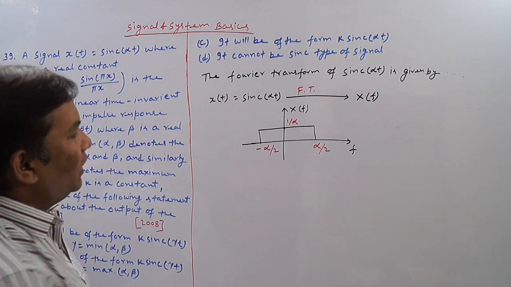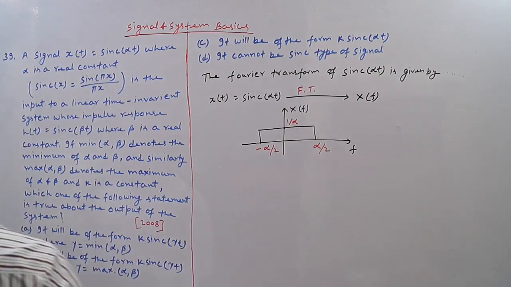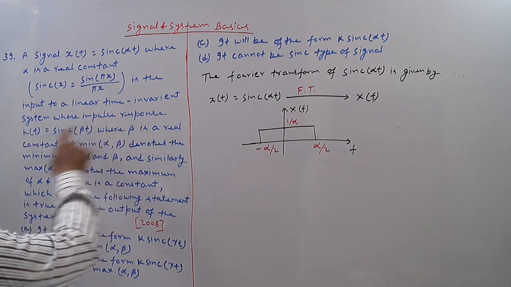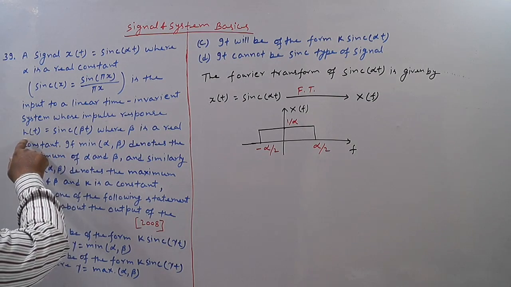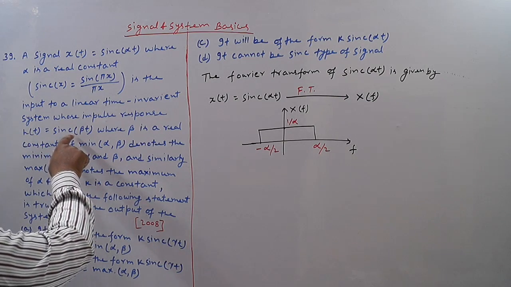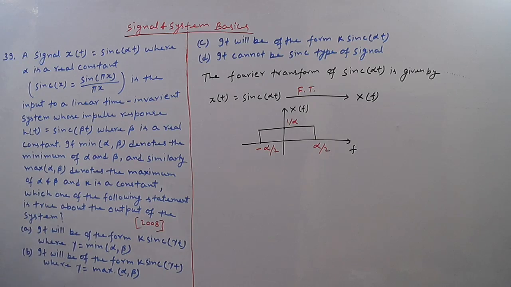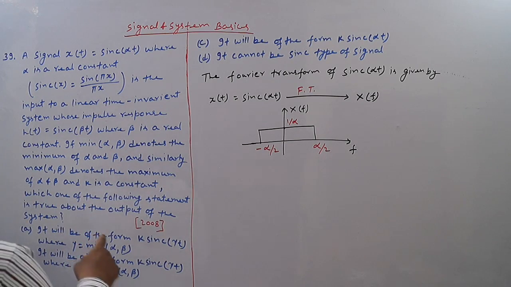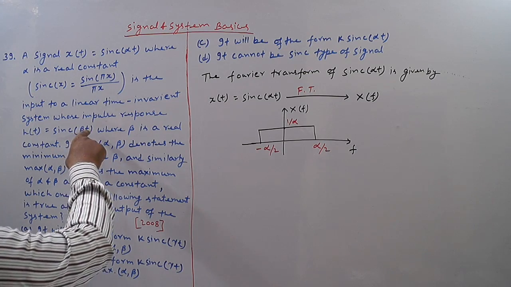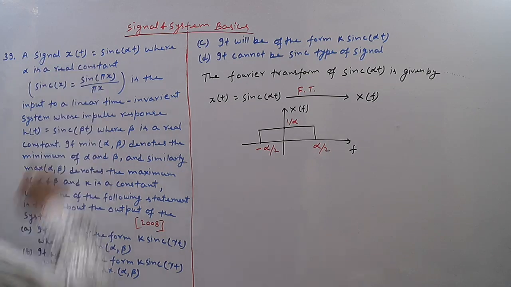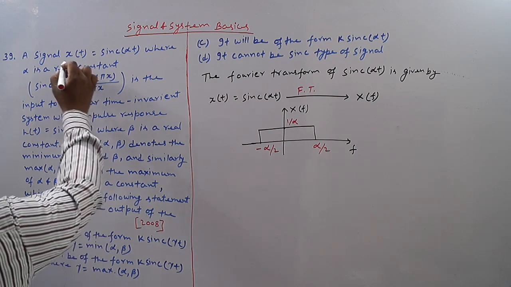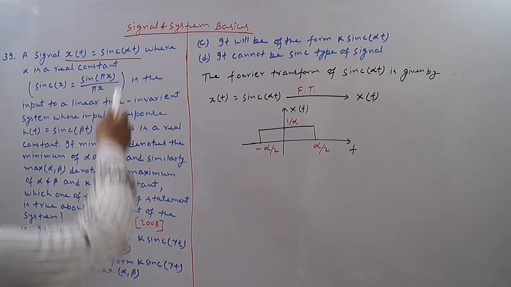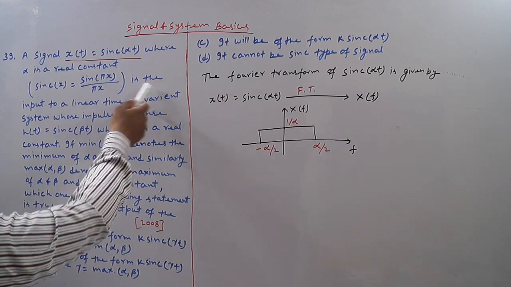It is given here that the input is applied to a linear time invariant system whose impulse response is also given: s(t) equal to sinc beta t. The signal x(t) equal to sinc alpha t, where alpha is a real constant, is the input.